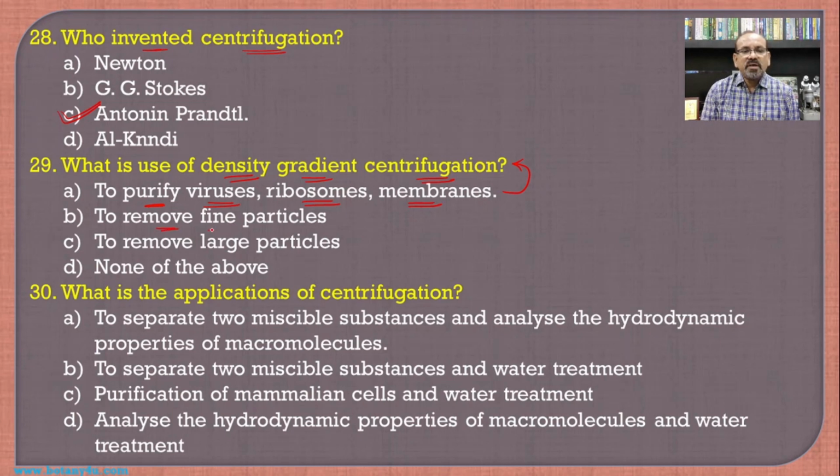To remove the fine particles, such a system of removal in the centrifuge is not possible. Even to remove the large particles is not possible because they settle in different places in the centrifuge tube with respect to their density, and hence the centrifuge is useful to purify the viruses, ribosomes and even the membranes with respect to their density.